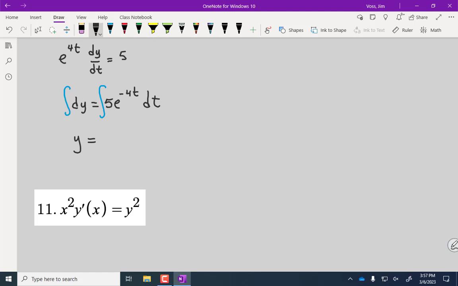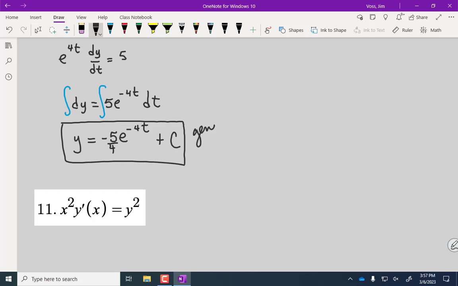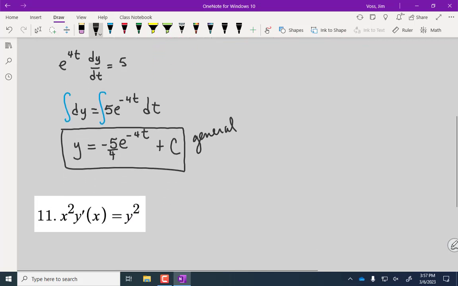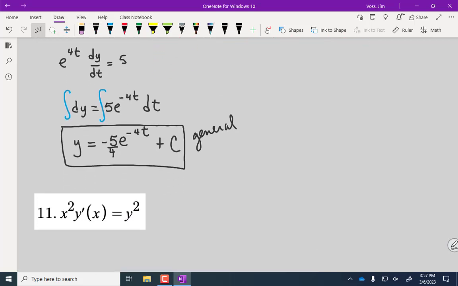And then on the right-hand side, we have to use that reverse chain rule business. The integral of an exponential is itself divided by the derivative of the exponent. You can put that out in front. And then we have a constant of integration. So this is now our general solution. And unless we have initial values, that's all we can do, general. That's it.